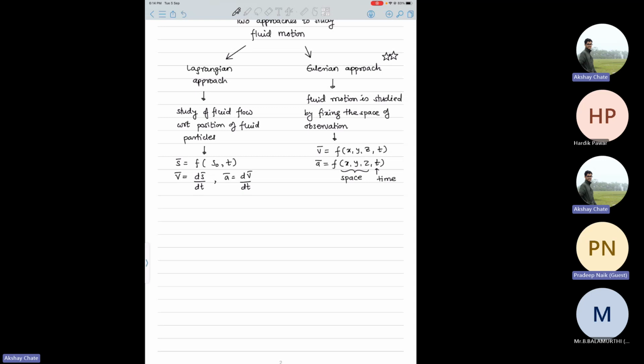Is it not? Yes. So in Lagrangian, you follow the particle. In Eulerian, you don't follow the particle. If the particle comes into your space of observation, then only you study its properties within that space. If it leaves, then it's okay, let it go. You don't care.